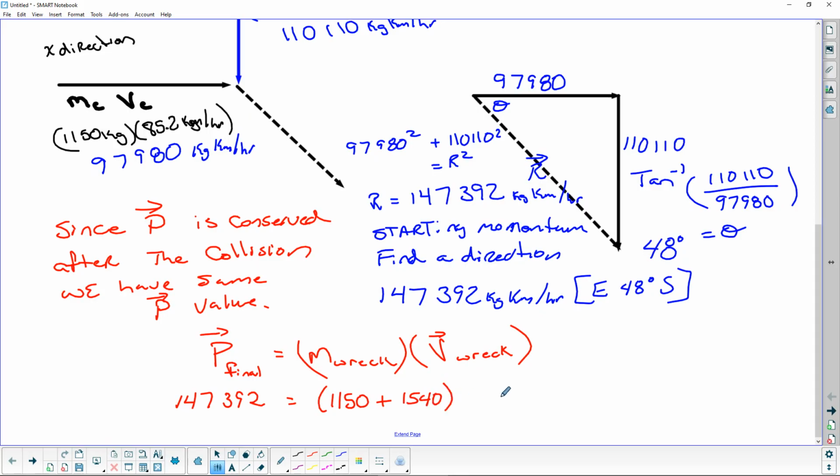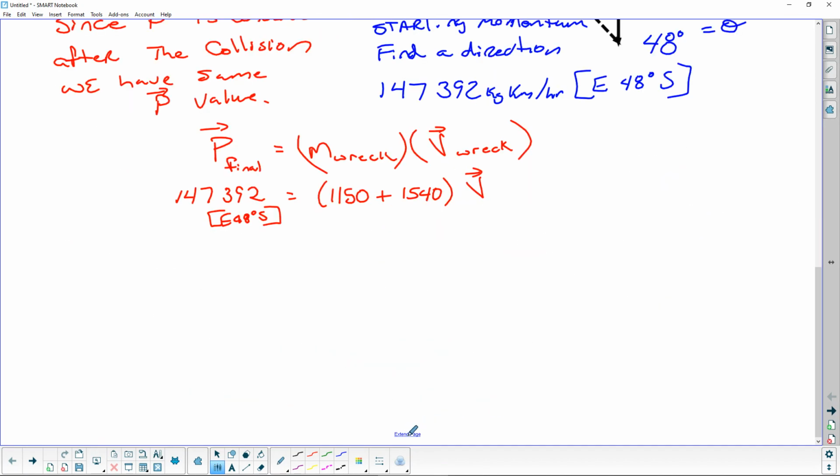And then we're having our velocity. Okay, and reminding ourselves that this is east 48 degrees south, so that this direction and this direction will be the same. Okay, take our calculator out. We're going to add these two numbers together and divide it out here.